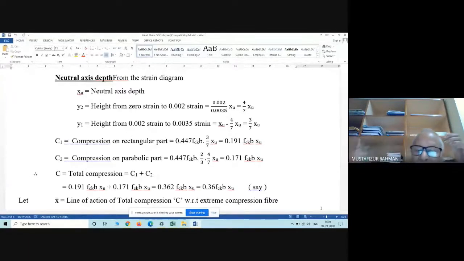Now, since there is a compressive force acting on an area, C is the force, not the intensity, and it acts at some point. That is the line of action of compression C with respect to the extreme compression fiber.